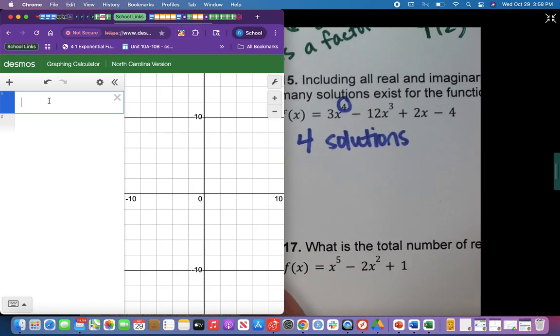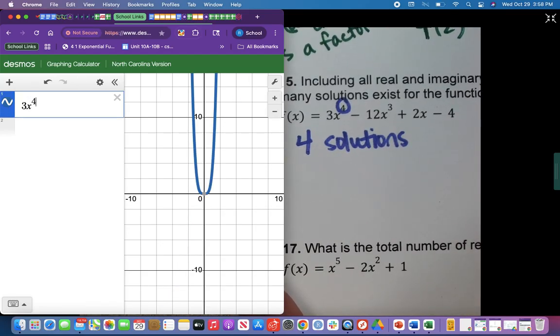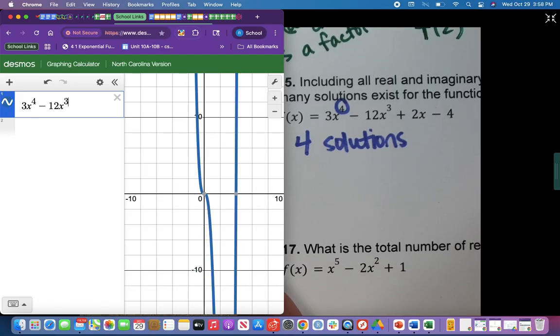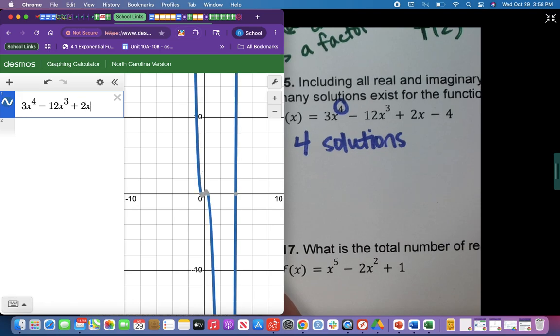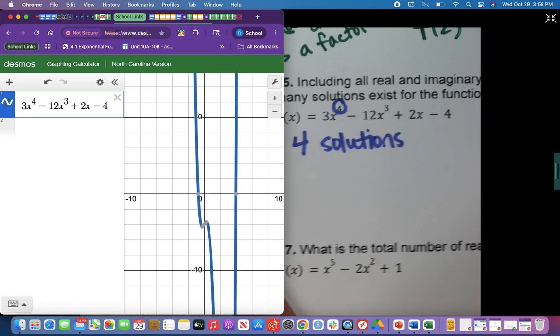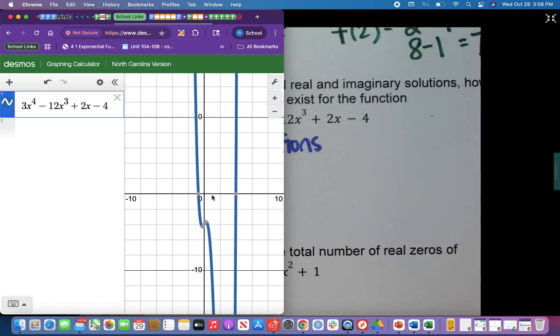All right, so 3x to the 4th minus 12x to the 3rd plus 2x minus 4. The graph crosses at 2 spots. So we've got 2 real solutions because we can click on them, we can see them. That means the other 2 solutions have to be imaginary because we cannot see them.